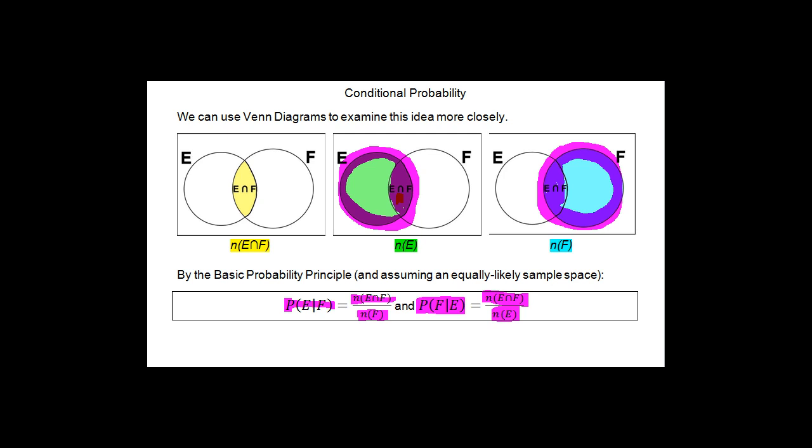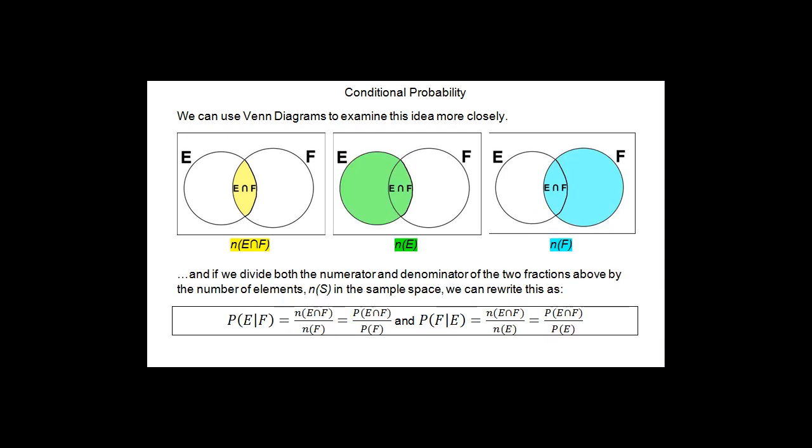If you're looking for the probability of E given F, then you're dividing by the number of elements in F. And if you're looking for the probability of F given E, you're dividing by the number of elements in E. So the denominator is always determined by the condition, the F or the E. The numerator is always the number of elements in the overlap. So I think maybe Venn diagrams can help you see a little bit better where these formulas are coming from and how they work.